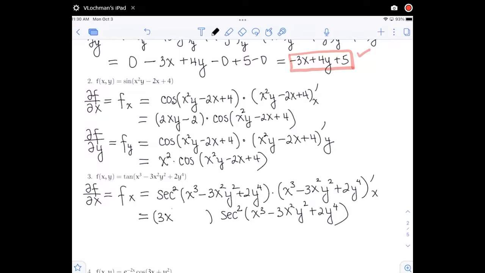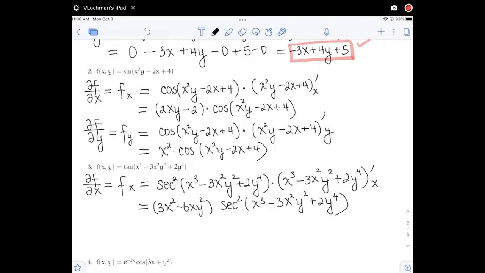I agree. Do you guys agree with that answer? Yeah, looks good. Okay, nice. 3x squared, this is all power rules, right? And then we have 6xy squared, 2y to the fourth prime with respect to x, that's 0.